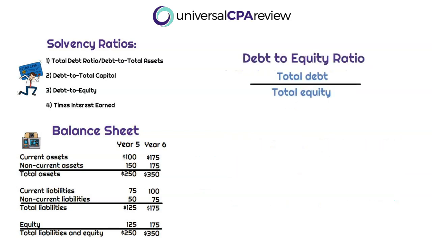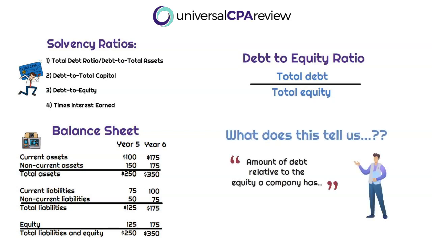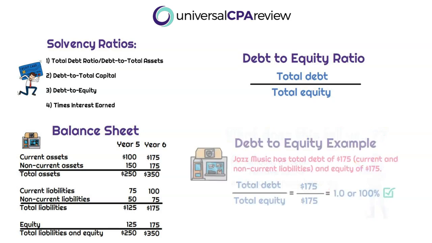Next up is the debt to equity ratio, and that couldn't be more spot on with the actual formula. It's just total debt divided by total equity. This tells us the amount of debt a company has relative to equity, right? You have your debt shareholders, you have your equity shareholders. Who has what claim on the company? In our example, total debt was 175 and total equity was also 175.